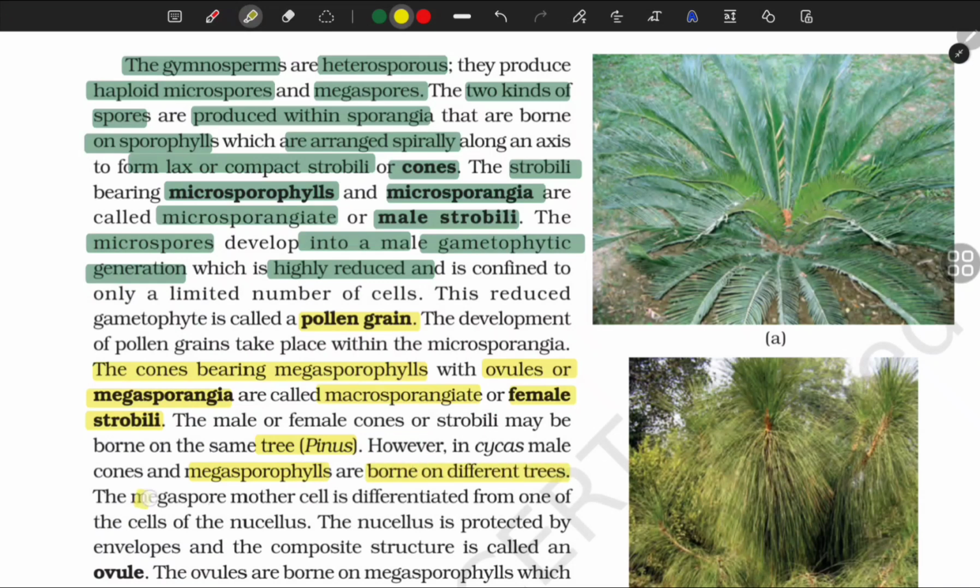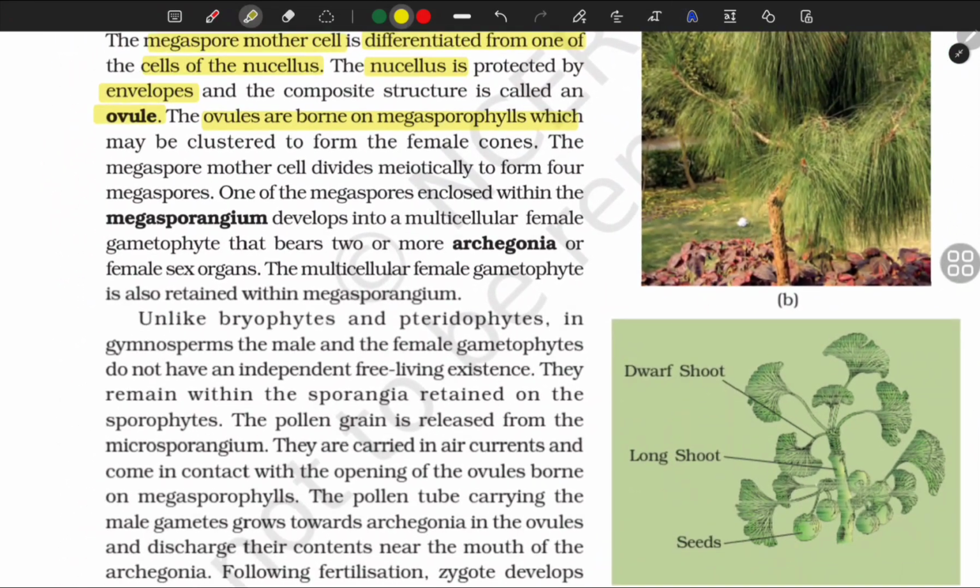The megaspore mother cell is differentiated from one of the cells of the nucellus. The nucellus is protected by envelopes and the composite structure is called an ovule. The ovules are borne on megasporophylls which may be clustered to form the female cones.